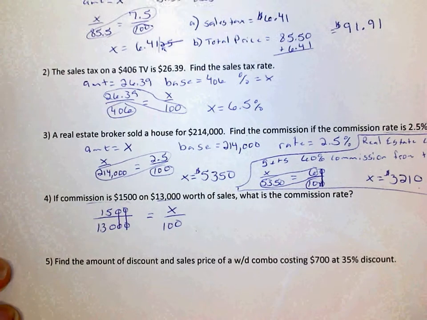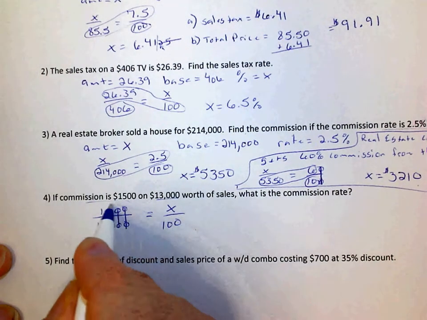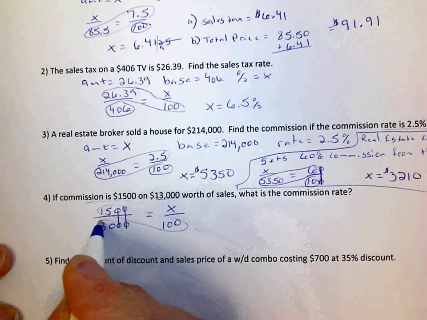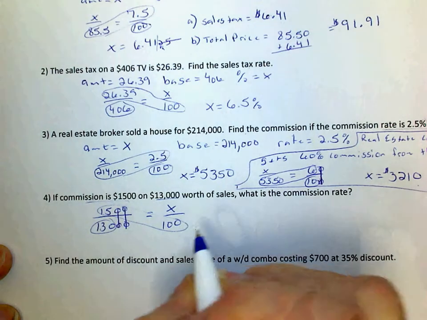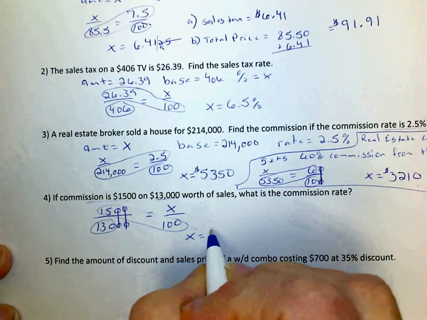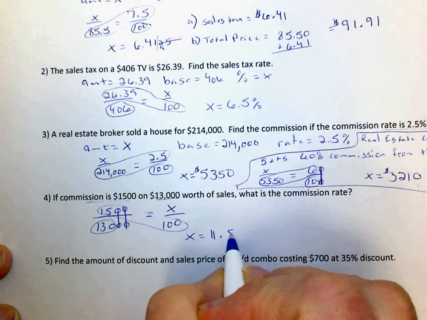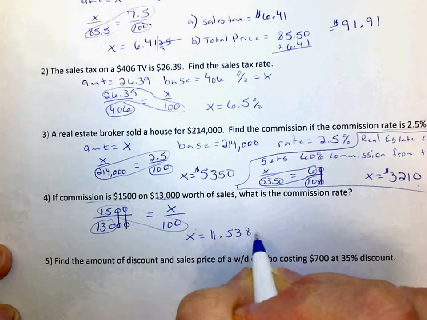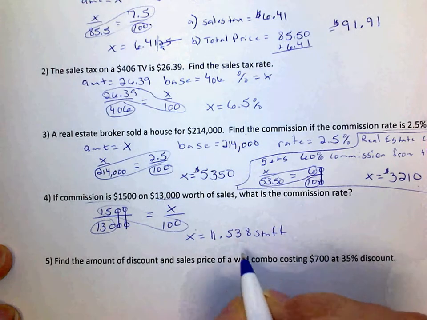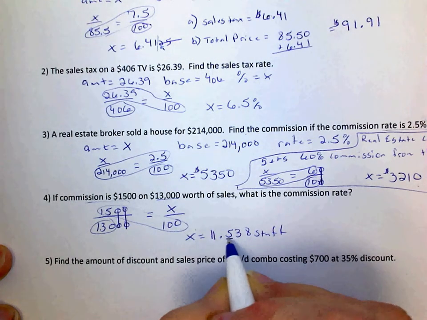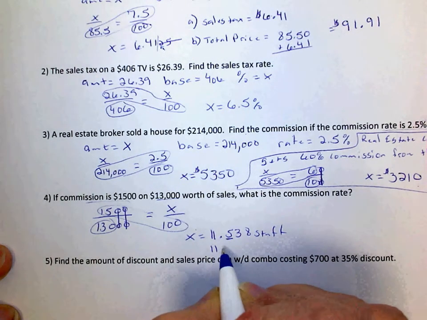So 15 times 100 divided by 130. And it gives us 11.538 stuff. And if I round it off to the nearest tenths, that'll be 11.5%.